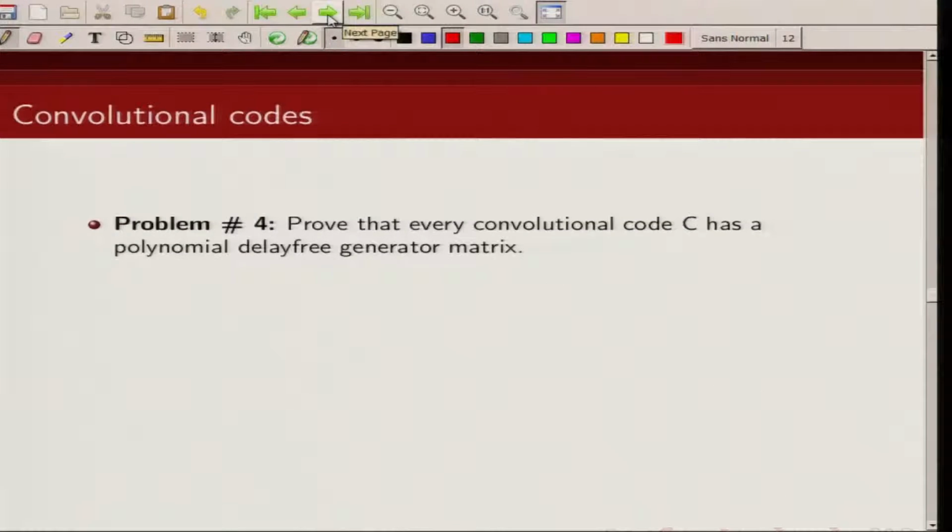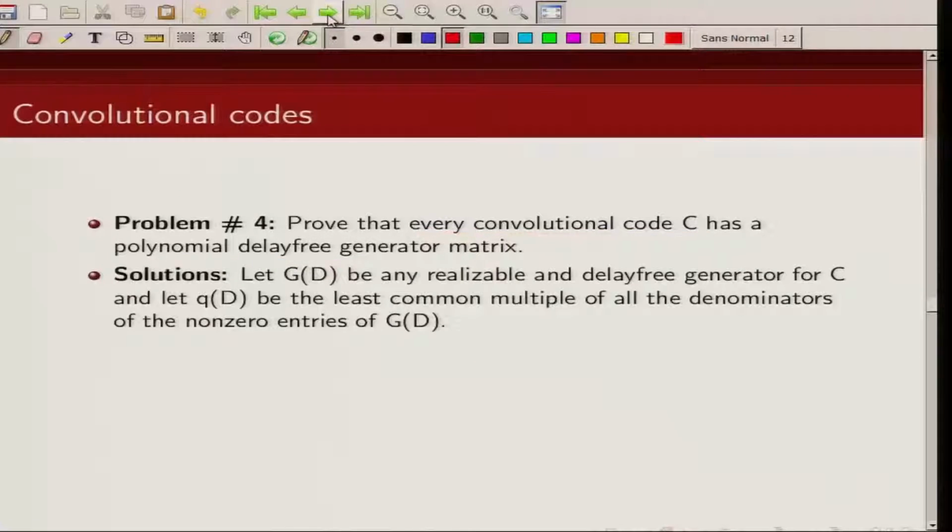Next question. Prove that every convolutional code has a polynomial delay free generator matrix. So, for any convolutional code we have an equivalent polynomial delay free generator matrix.